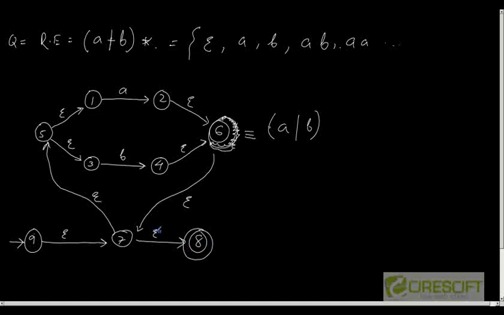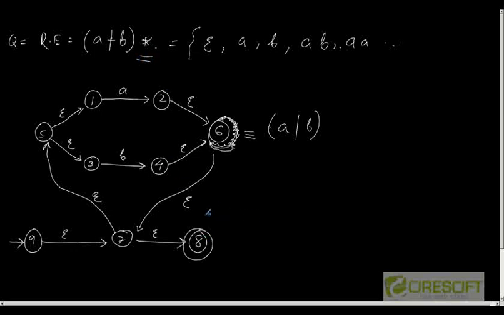Understand? Suppose I have to consume b, then I take this path: from 7 to 5, 5 to 3, from 3 I consume the symbol b, then go to 4, 4 to 6, 6 to 7, and reach the final state 8. So this way we create a non-deterministic finite automata for a regular expression having the Kleene closure operator.